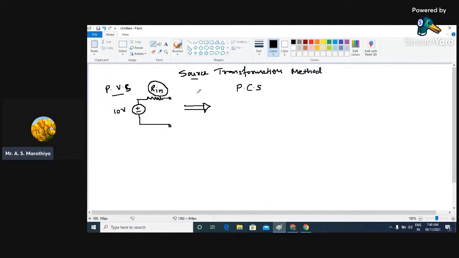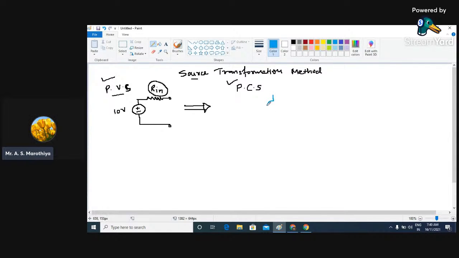This is very important. Now, because here we have a practical voltage source and we want to convert that into a practical current source, first we need to draw the diagram for this practical current source, how it is going to look.